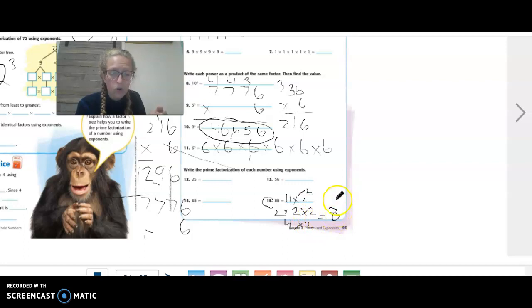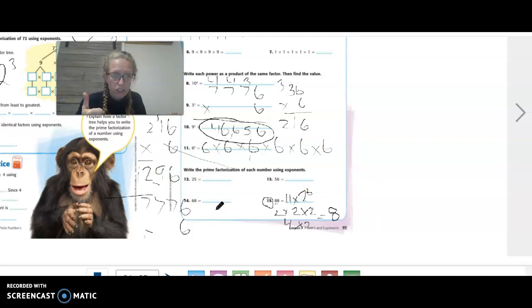Nice. So 2 cubed equals 8. Now, I replace this 2 cubed with 8. 11 times 8 equals 88. Did I make our way back to our number? Yeah, I did.